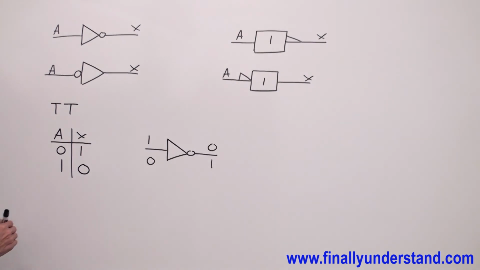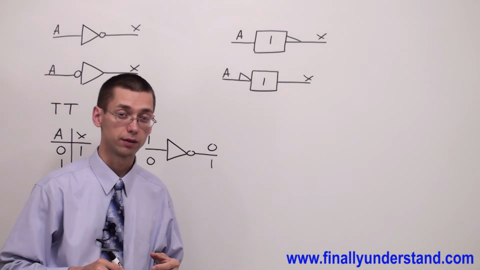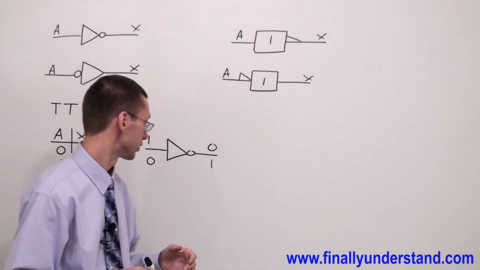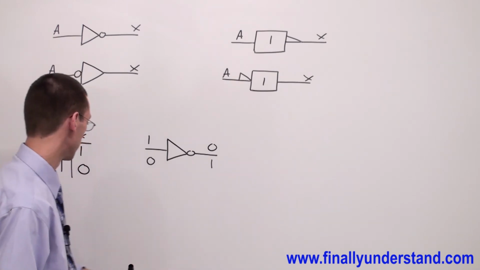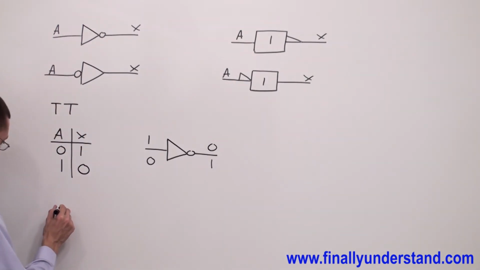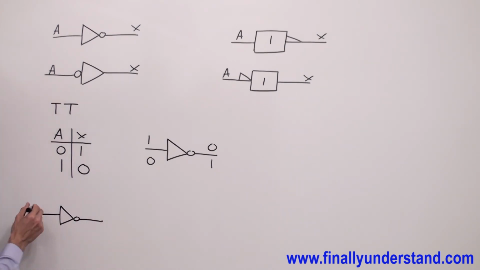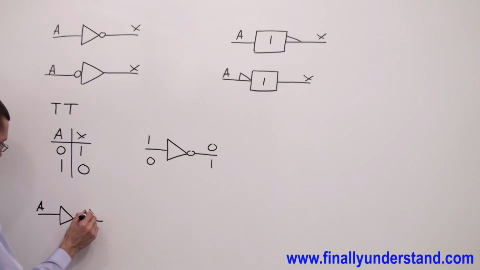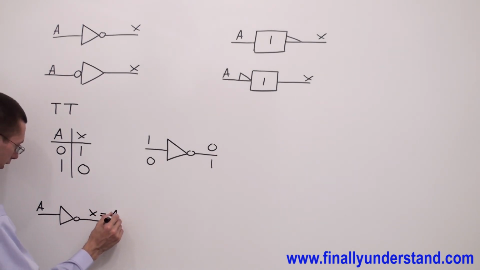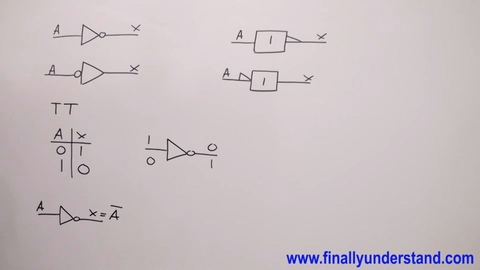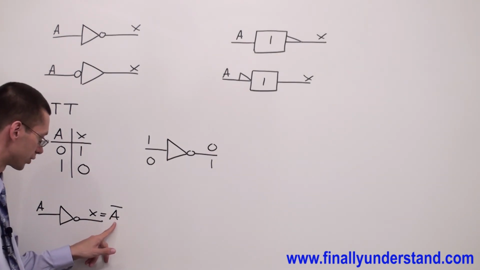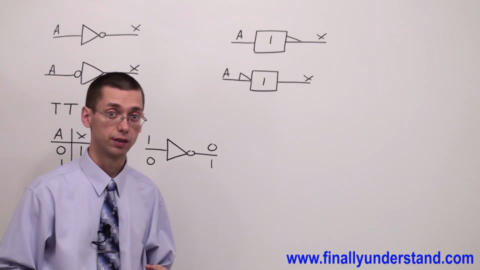Next, we are supposed to discuss the logic expression. The logic expression is basically an algebraic expression which represents this component. So if you have, for example, an inverter, and you apply A to the input, the output is going to be equal to A not. This is the expression which represents the inverter.